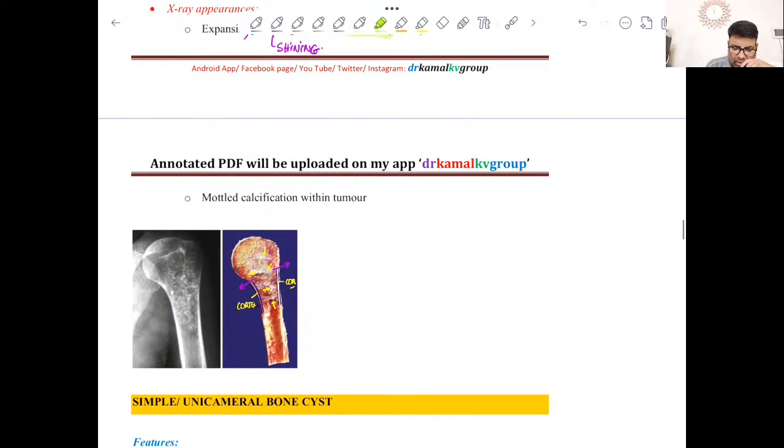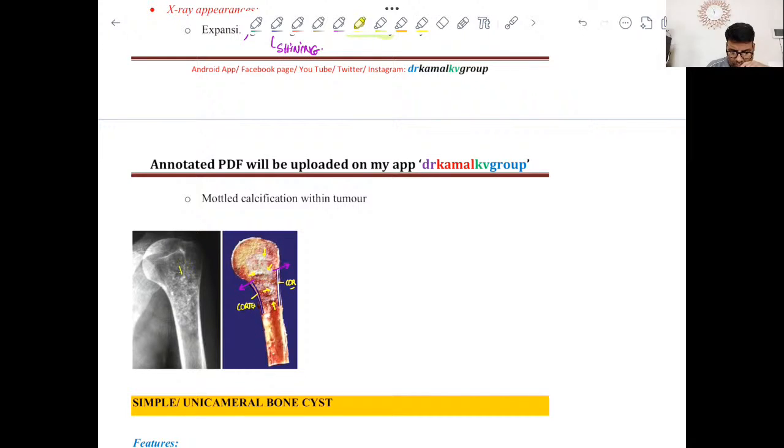On X-ray, within the medullary cavity we can see a lot of white dots, and these are actually calcifications. Since this calcification is occurring in this dot dot dot manner, this is known as mottled calcification. Clear?